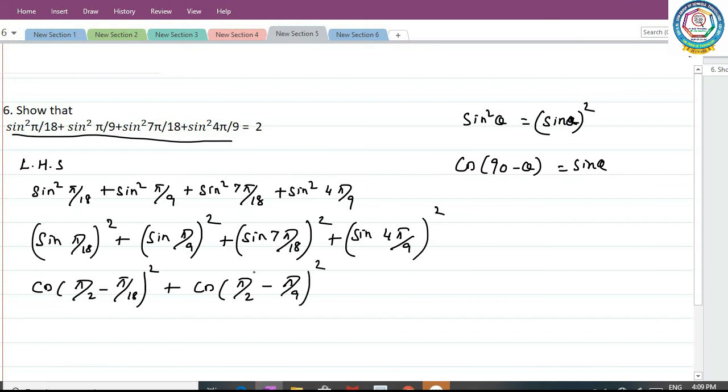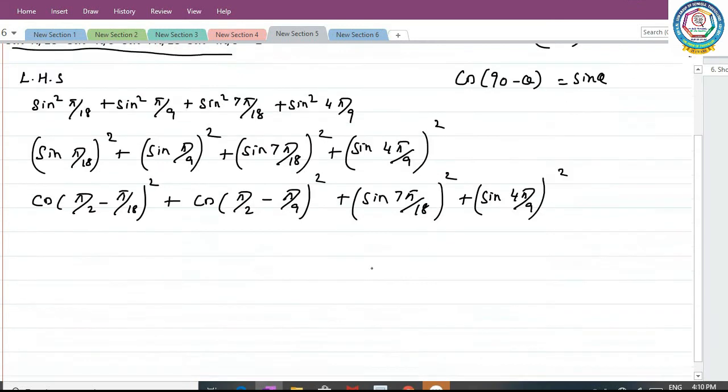The remaining terms I write as they are: sin 7 pi by 18 the whole square plus sin 4 pi by 9 the whole square.